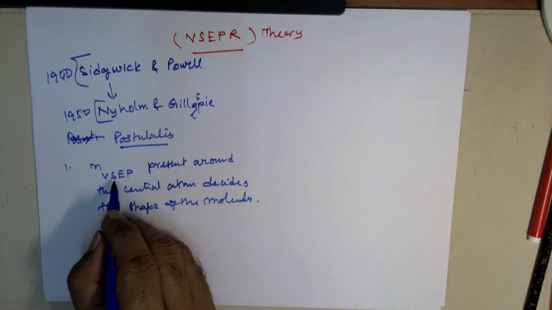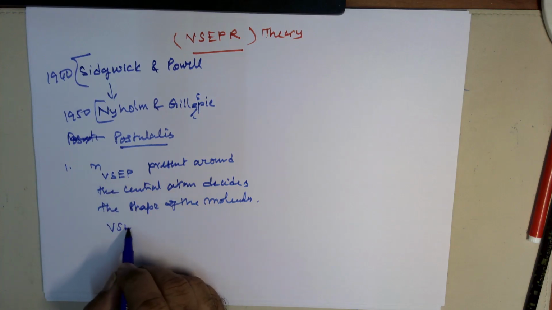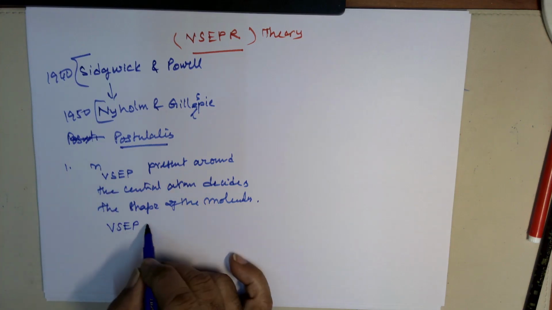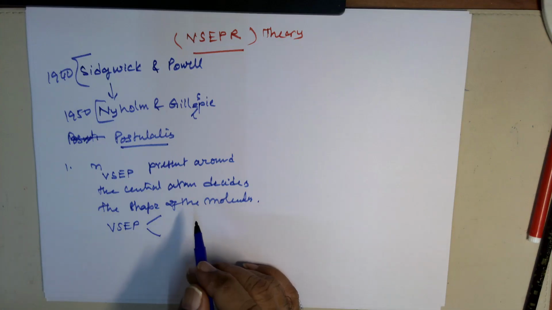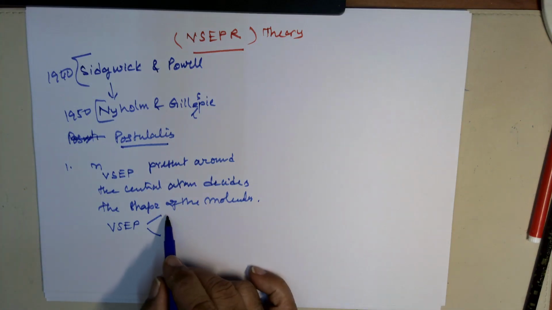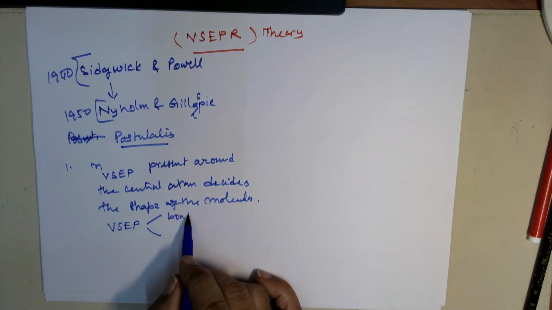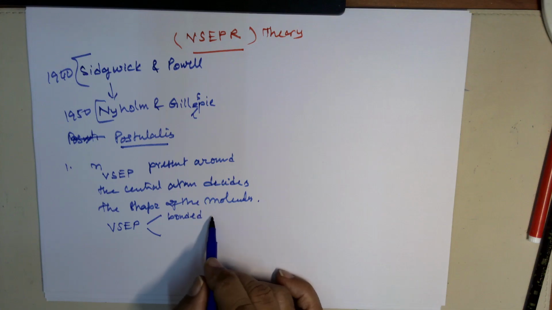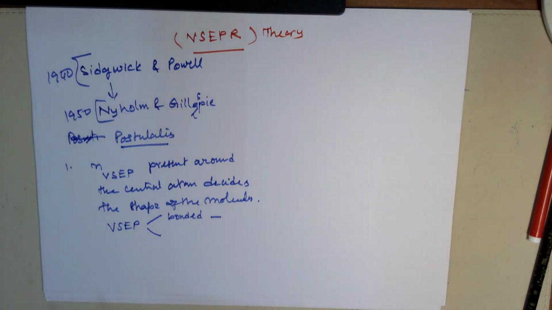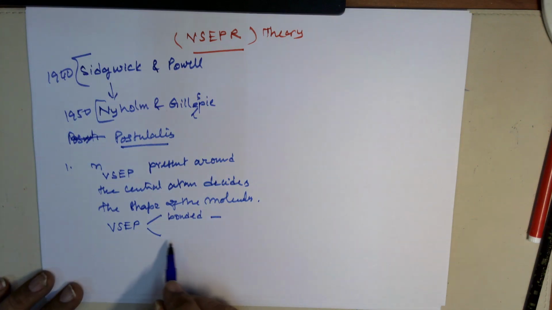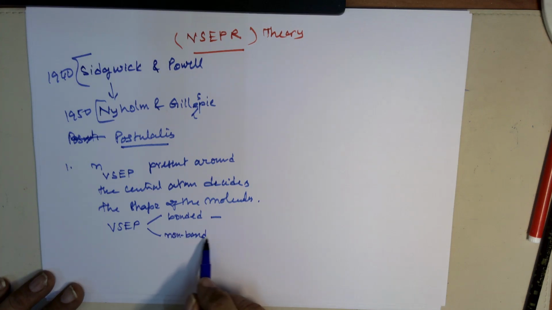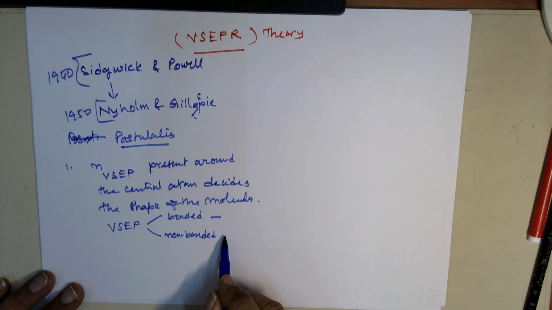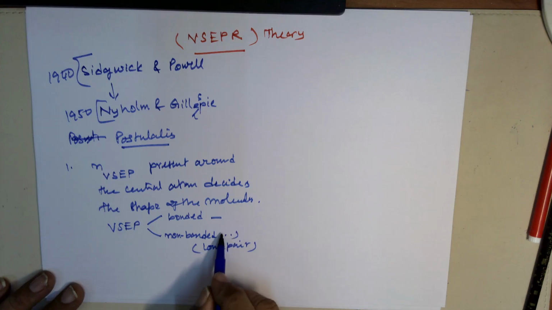And these valency shell electron pairs can be of two types. One can be bonded electrons, they are involved in bonding. They are represented by a bond like this. And non-bonded. Non-bonded means they don't get involved in the bonding, but they are simply present. So they are represented by a lone pair like this.